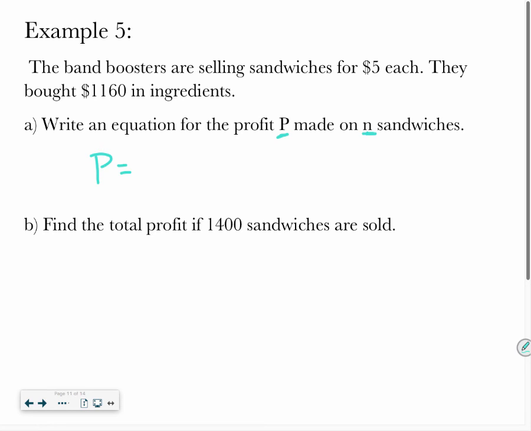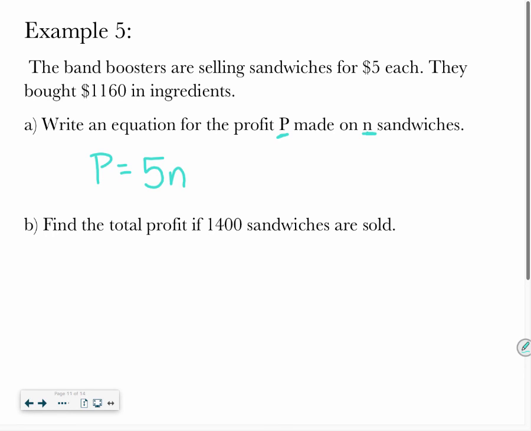Okay, so if I sold sandwiches for $5 each, if I sold one sandwich, that means I made $5. If I sold 4 sandwiches, I made $20. So I'm doing 5, the price of each sandwich, times the number of sandwiches I'm selling.